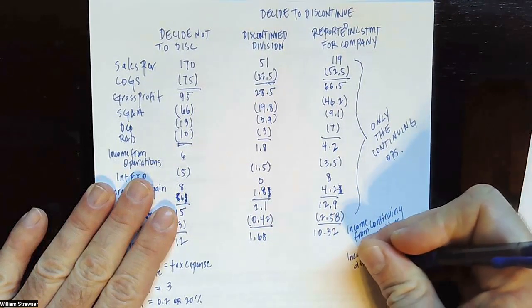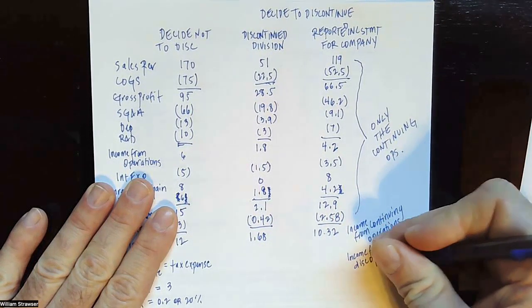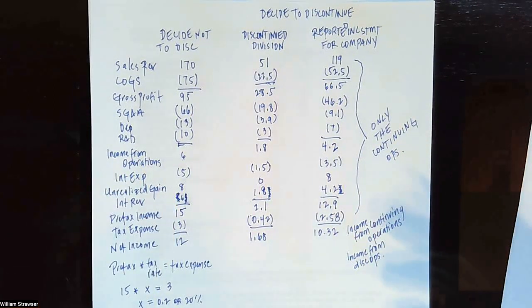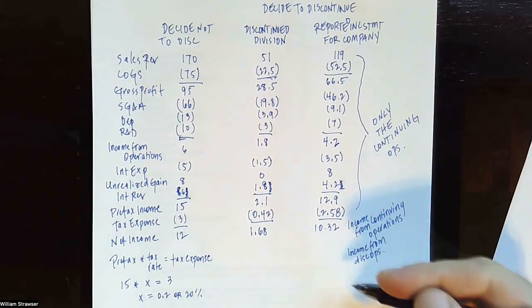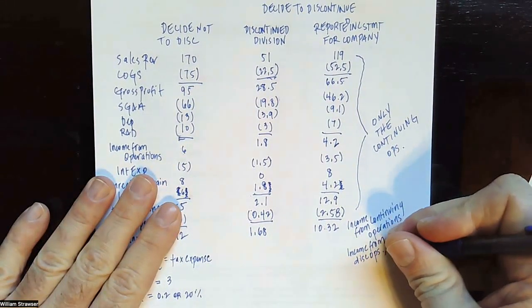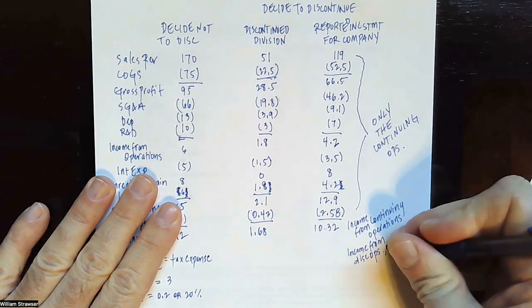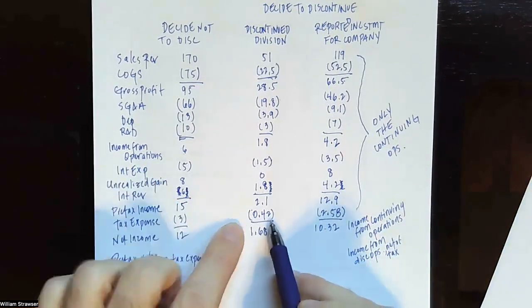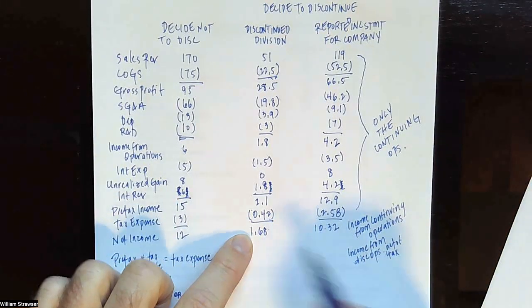Now, we've had income this time, right? It's positive 1.68. We could have had a loss. And if it's a loss, you just subtract it, right? But since this is income, we need to make sure that we also net tax from it, which we did. We took the tax expense here to get down here.